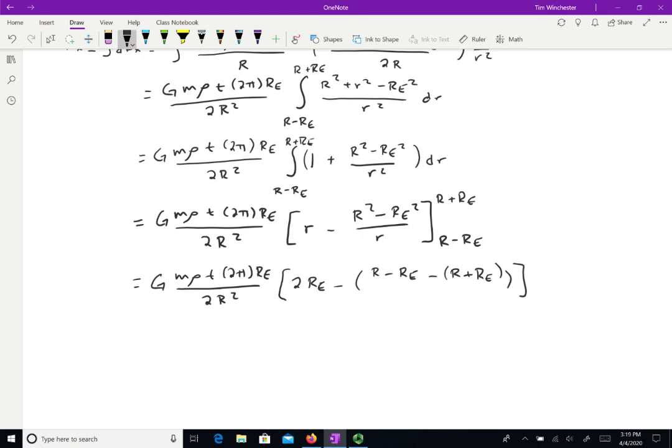So what I end up with in that case is R minus R cancels, negative R_E minus negative R_E, those add together, and then I have that minus sign. So everything in the square brackets is going to become G m rho t 2 pi R_E over 2 big R squared, and this just becomes 4 R_E.